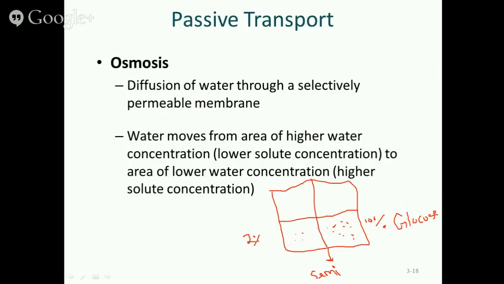So this membrane allows the glucose. Which way are the sugar solute particles going to move? Towards me? Yeah, they're going to move towards me this way. They're going to move from there over to here. Until when? Until they're balanced. Until they're equal, okay?